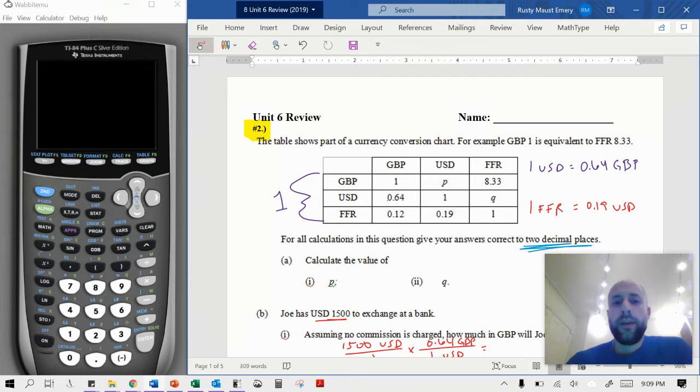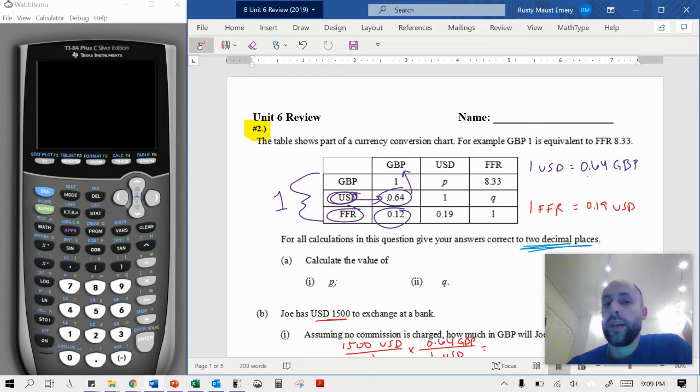So one US dollar is 0.64 Great British pounds. 1 franc is 0.12 Great British pounds. So what I did is over here on the side, I set up exactly what that information tells me.